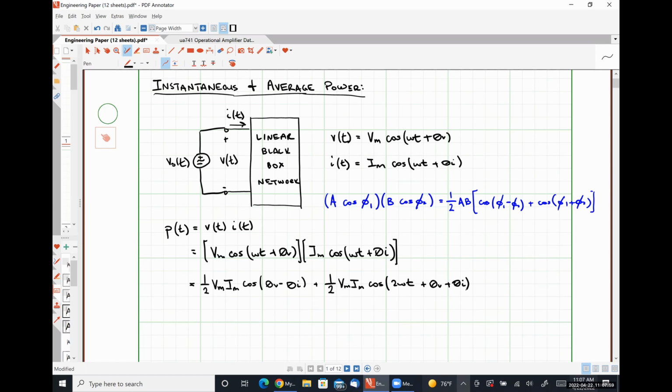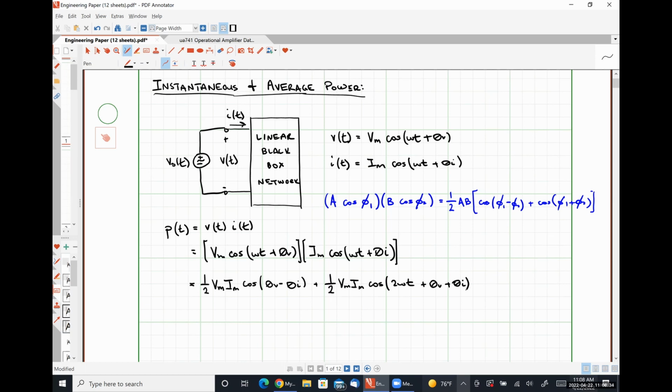That does not mean that in order to determine the instantaneous power absorbed by such a network, we need to analyze that network in the time domain. So what I mean by that very explicitly is this voltage signal V of t contains a magnitude Vm and a phase angle theta v that is the exact same Vm and theta v that would appear in the frequency domain representation of that voltage signal.